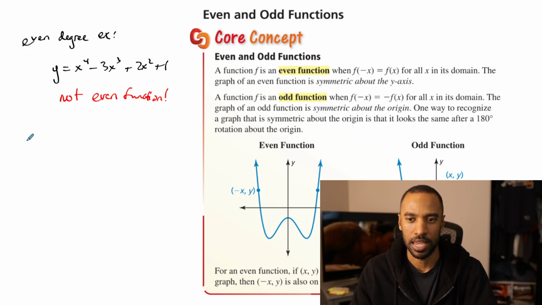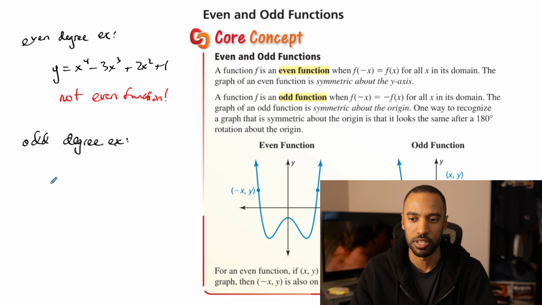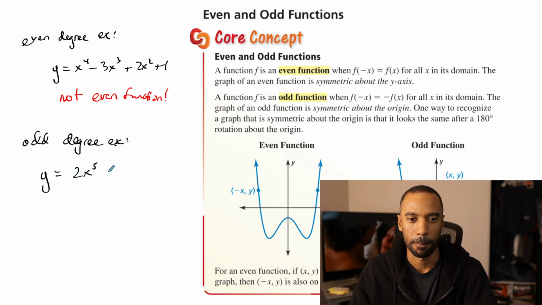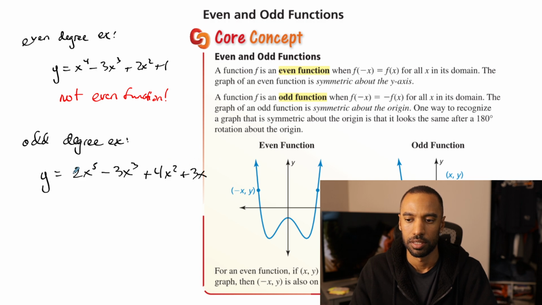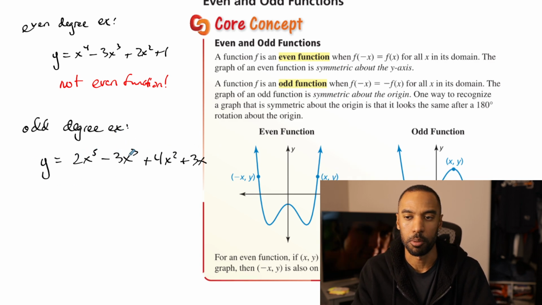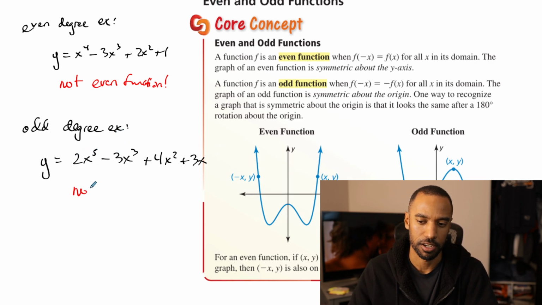An odd degree example would be something that starts with an odd exponent like that. So this might be something like that. That's an odd degree example, but that's not necessarily an odd function.